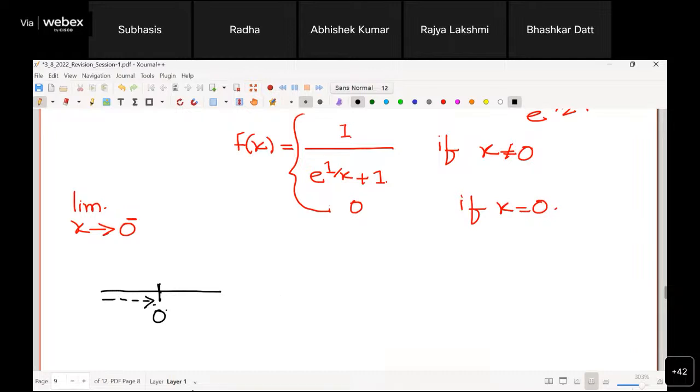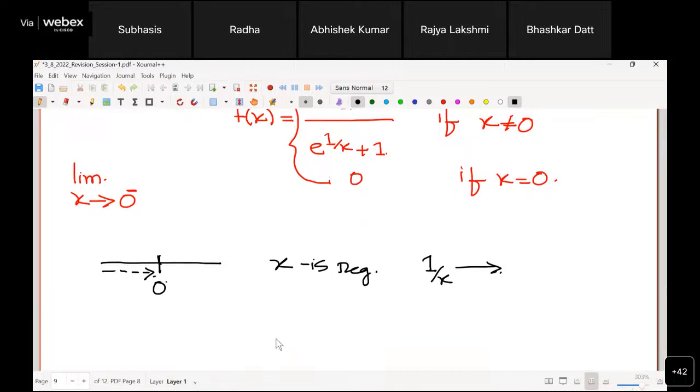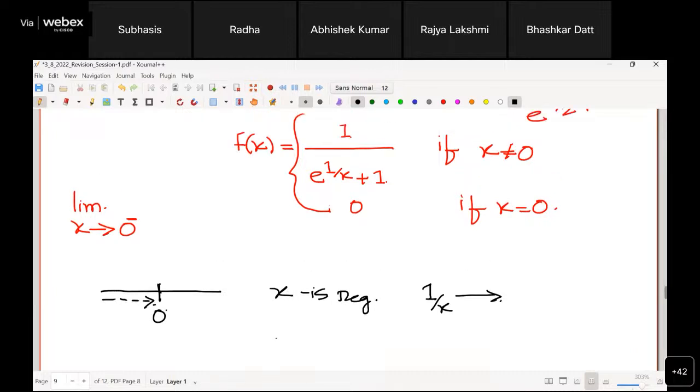That means x is negative, and x is coming towards 0. That means 1 by x will go towards where? Minus infinity. Minus infinity.